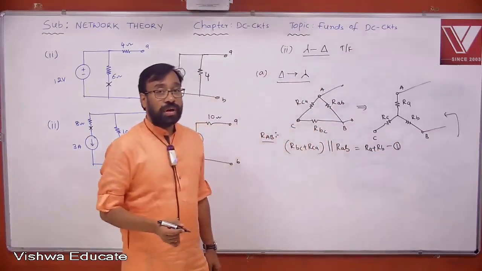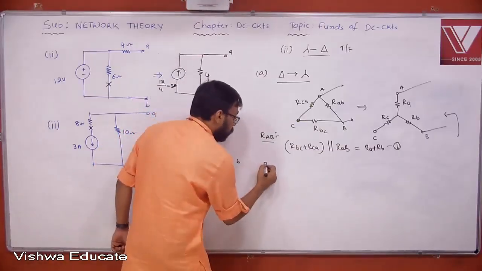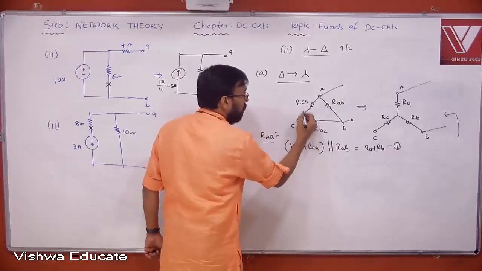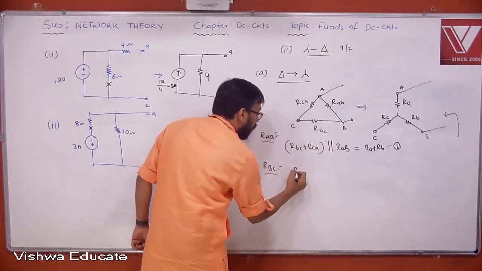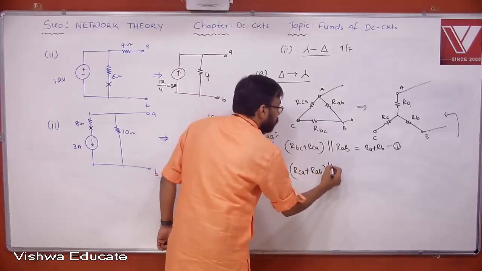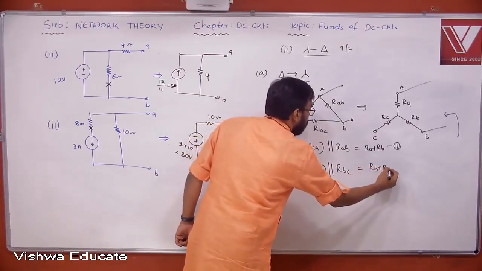How many equations do you want? There are three unknowns, three conditions required, three equations required. So RBC: when you look like this, again these two are in series, then parallel. So RCA plus RAB parallel with RBC is equal to RB plus RC.